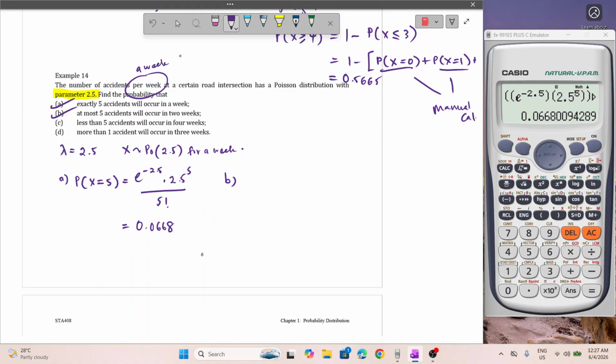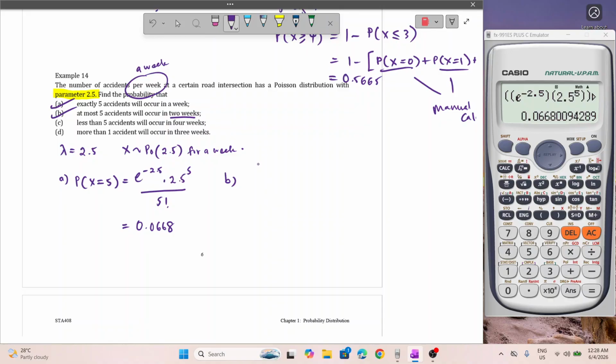On average, the number of accidents that occur in a week is 2.5. But when the time is now 2 weeks, you have to find a new lambda, the new mean.